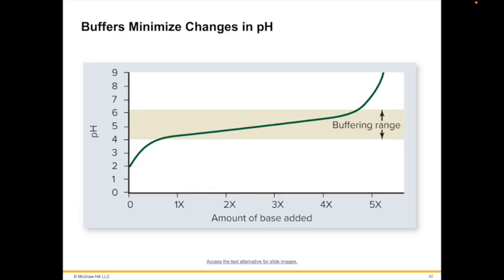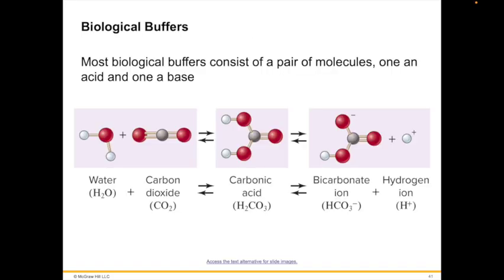These two substances interact in a pair of reversible reactions. Let's see this now. First, carbon dioxide and water join to form carbonic acid, which in a second reaction dissociates to yield bicarbonate ion and hydrogen ion.